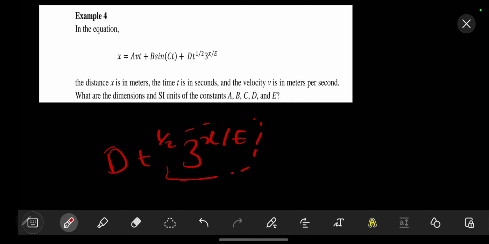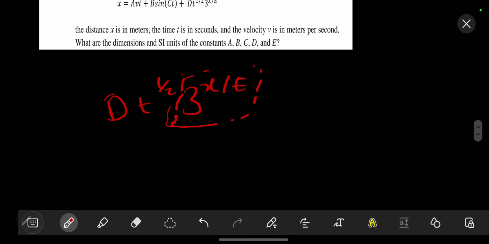According to E, we have been told that E is connected to D, t raised to the power half, then we have 3 to the power x over E. Now, according to dimensional analysis, exponentials of numbers are considered to be dimensionless.